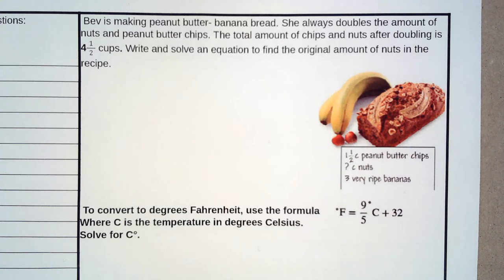Okay, now there's different ways we can work with this. We can change our fractions into decimals because we know 1/2 is 0.5, and that will make it maybe a little bit easier to work with. Or we can leave it as fractions and change them into improper fractions.